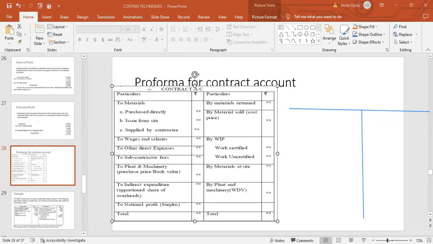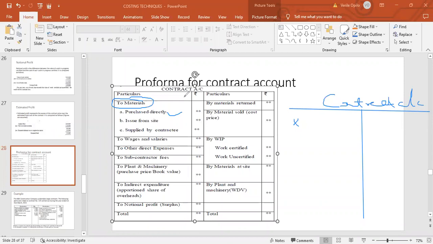So the debit side, we are going to be showing the expenses, and the credit side, we are going to show the incomes and any amounts that have been returned to the business. So you usually start off with materials. So you start off with the materials that have been incurred. You show the materials that have been purchased directly from the suppliers for this particular contract.